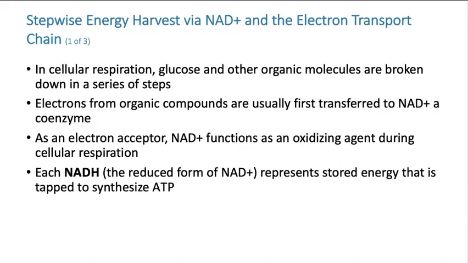Again, electrons and hydrogens, they're kind of the same visually for the purposes of this lecture. So when it gains a hydrogen, it's called NADH. And that really is the hydrogen there on that NADH. So NADH is the reduced form of NAD+, and it is a representation of stored energy that we're going to eventually tap to make ATP.